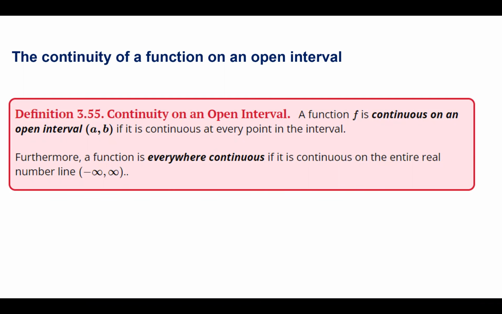A function f is continuous on an open interval (a, b) if it is continuous at every point in this interval. Furthermore, a function is everywhere continuous if it is continuous on the entire real number line from negative infinity to positive infinity. Okay, so this is the concept of the continuity of a function on an open interval.